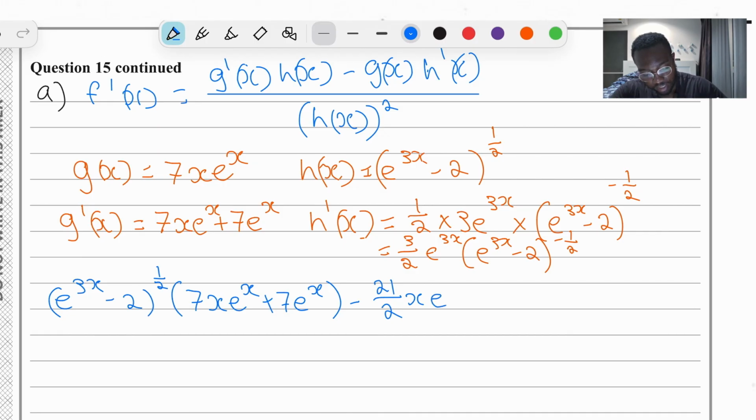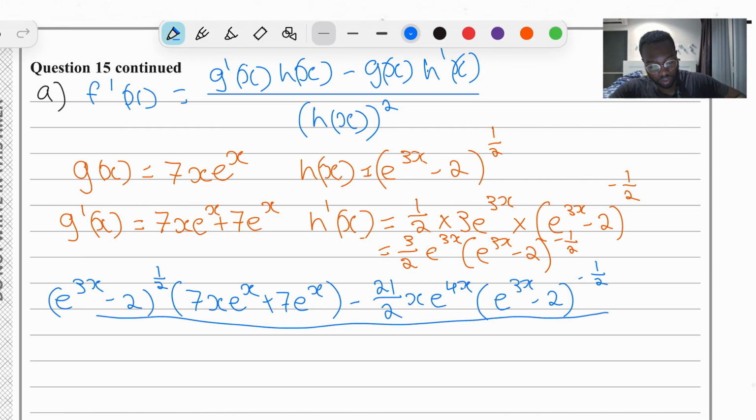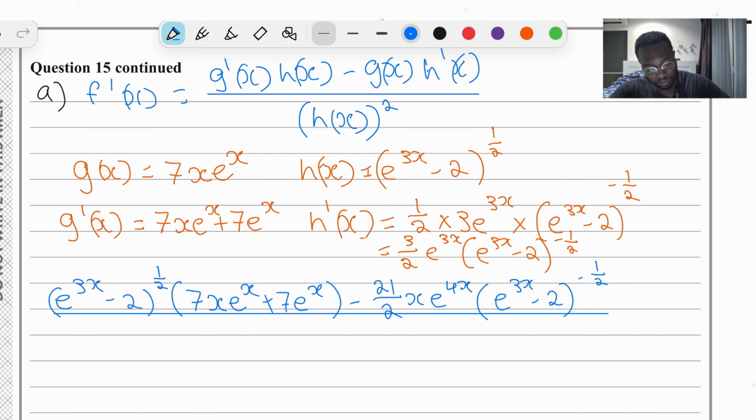And then we get an x times e to the 3x, that's an e to the 4x. And then we get (e to the 3x minus 2) to the power of minus a half. And then all of that is over (e to the 3x minus 2) to a half. It's all being squared, so that will cancel out.